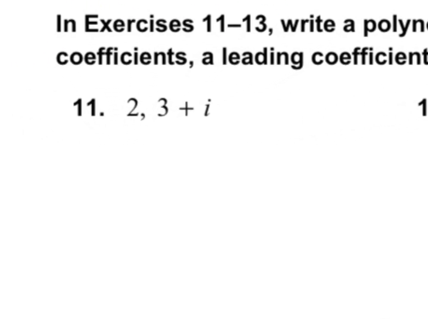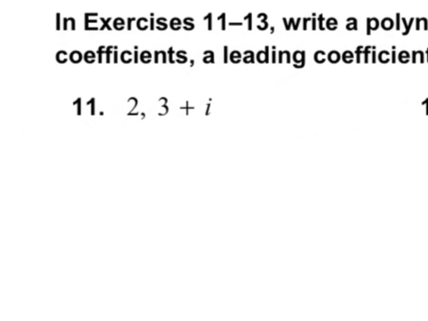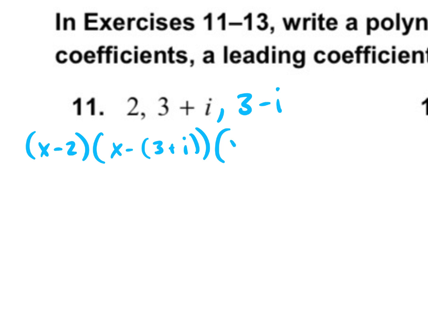So for 11 down at the bottom, am I missing anything? 3 minus i. Perfect, 3 minus i, the conjugate. If I have 3 plus i, I need its conjugate pair. So then when I write this in factored form, I have x minus 2, x minus 3 plus i, and x minus 3 minus i.